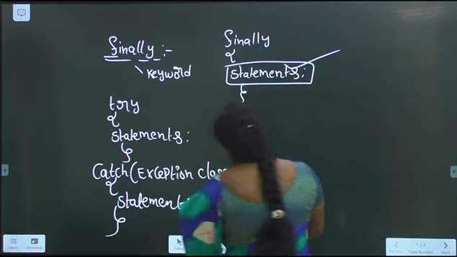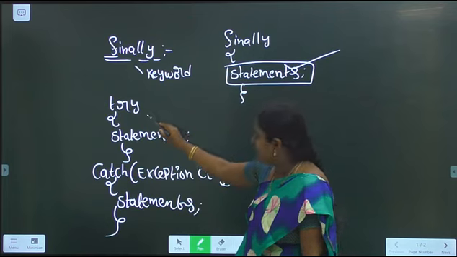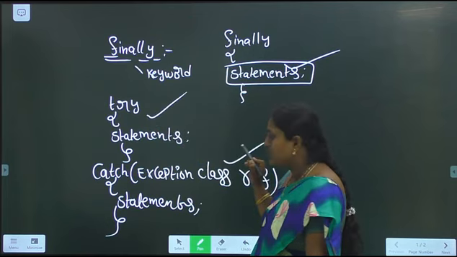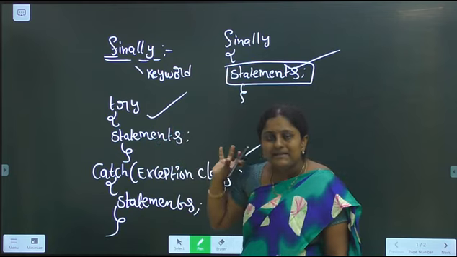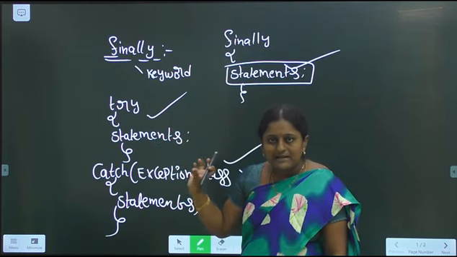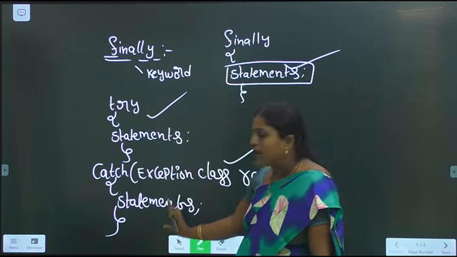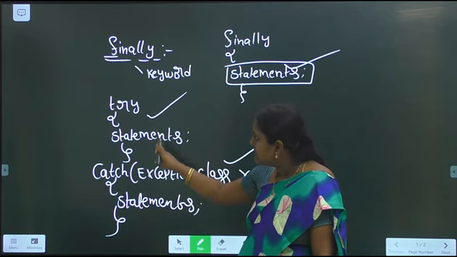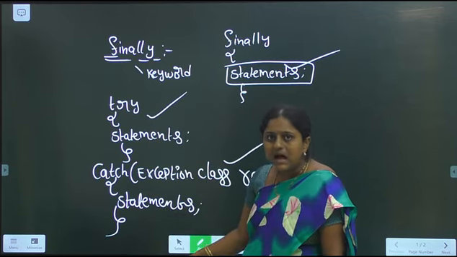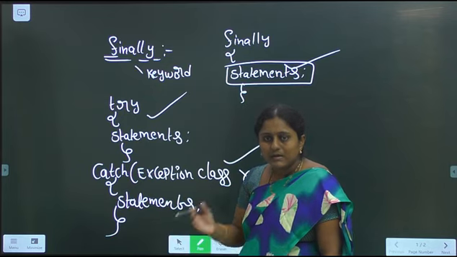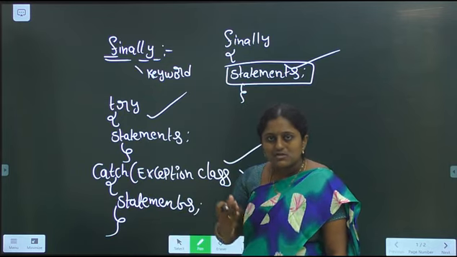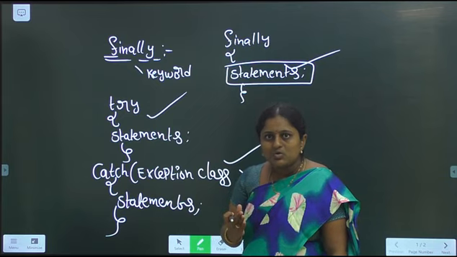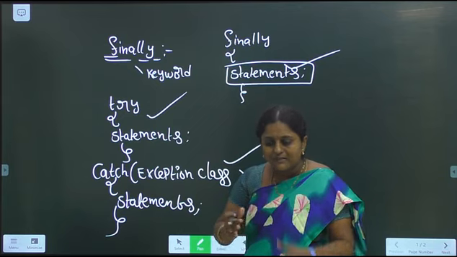Here, what is the importance of the try block and what is the importance of the catch block? Already I told you, the try block identifies the exception and a catch block handles the exceptions. Suppose I am the programmer writing one program, and I am observing the statements in our program.